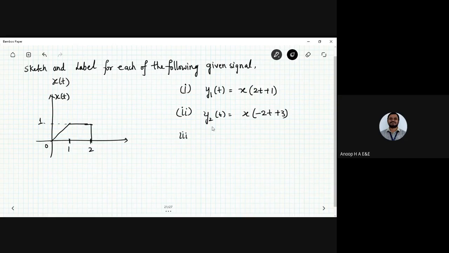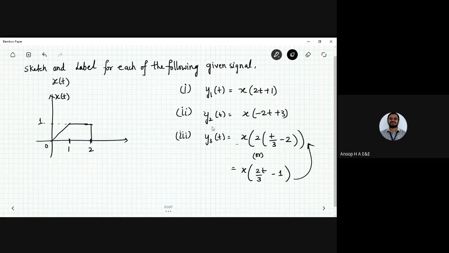Third one is y3 of t, that is x of 2 times t by 3 minus 2, or it can be written as x of 2t divided by 3 minus 1. So this can be written like this, or in the manner I have simplified here. So I need to sketch y1 of t, y2 of t, and y3 of t. So this is t and this is minus 1 here.